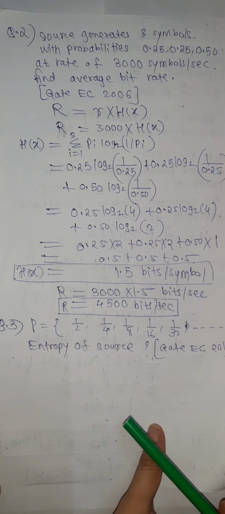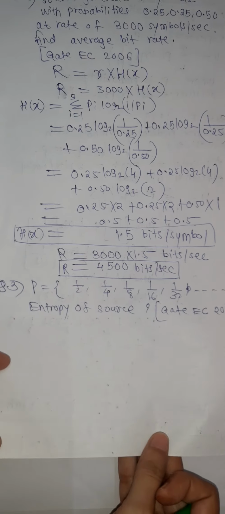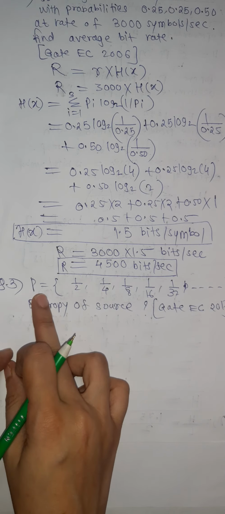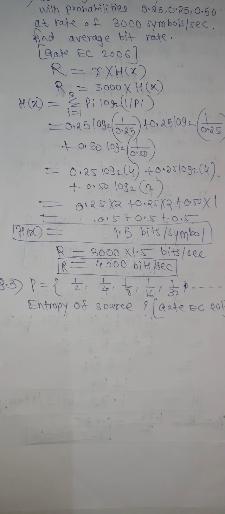Now the next question asked is question 3. P, that is the probability of symbols, is given as 1 by 2, 1 by 4, 1 by 8, 1 by 16, 1 by 32, and the probabilities will continue like this. So there are many discrete memoryless symbols here.